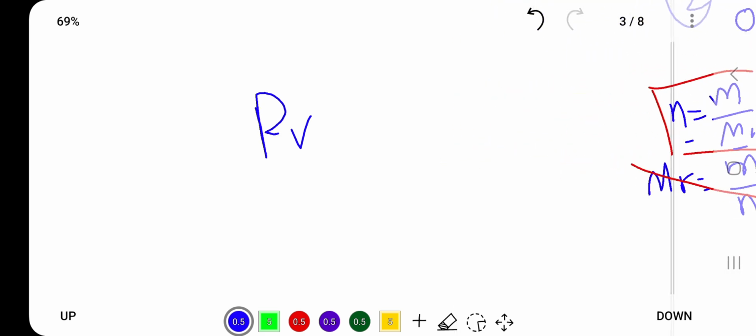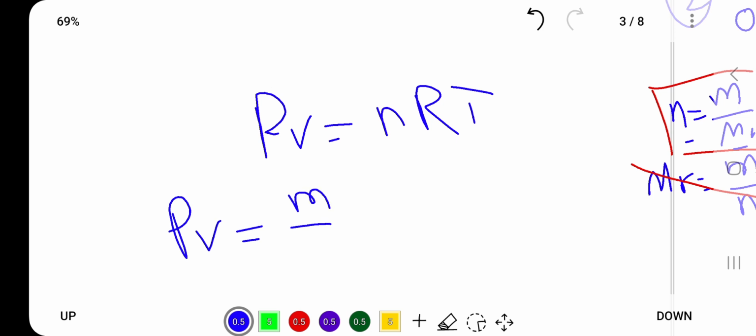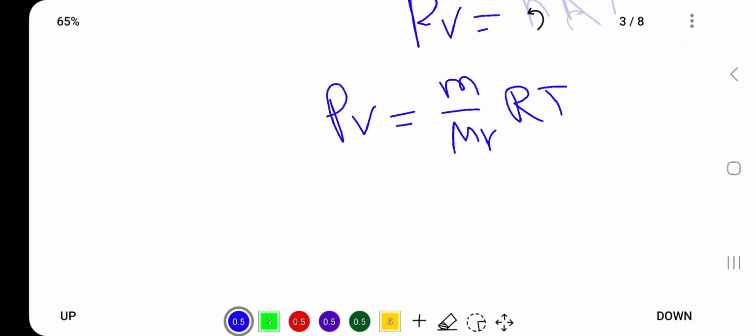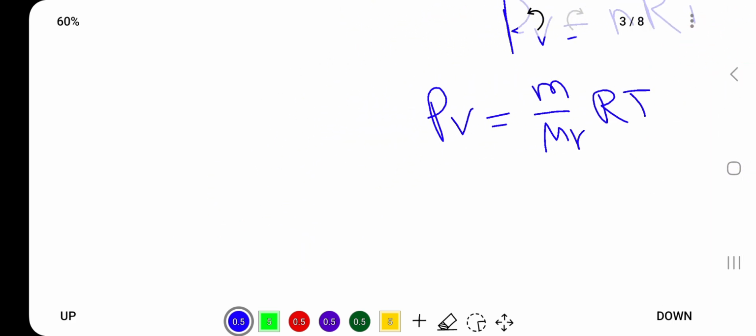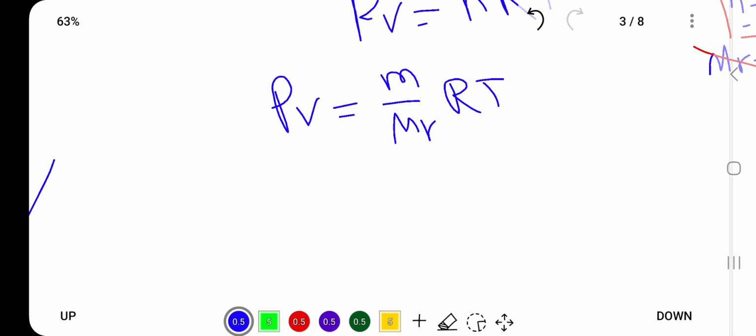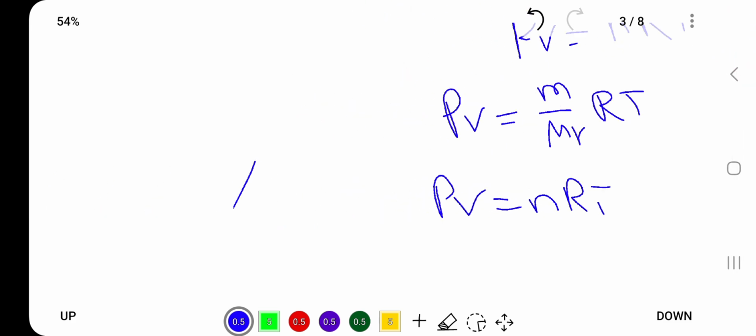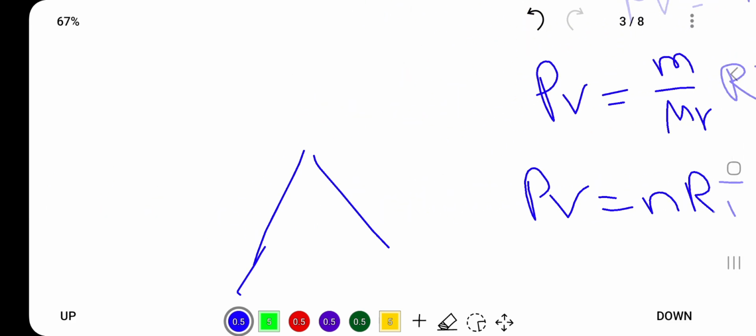You know, PV equals nRT, right? PV equals m over Mr, RT. Now you want Mr, right? Before changing them, you can use this diagram, more like it.